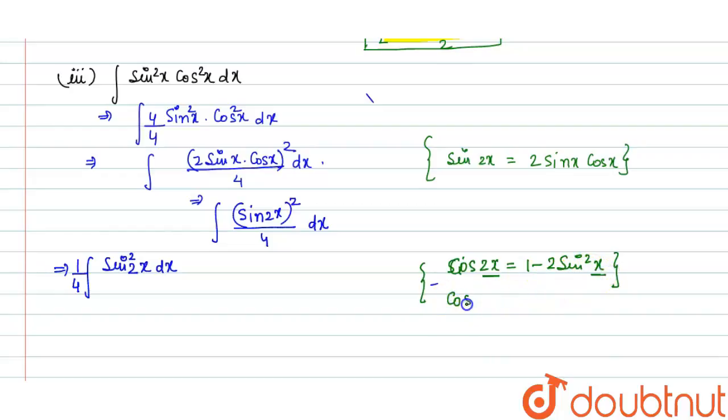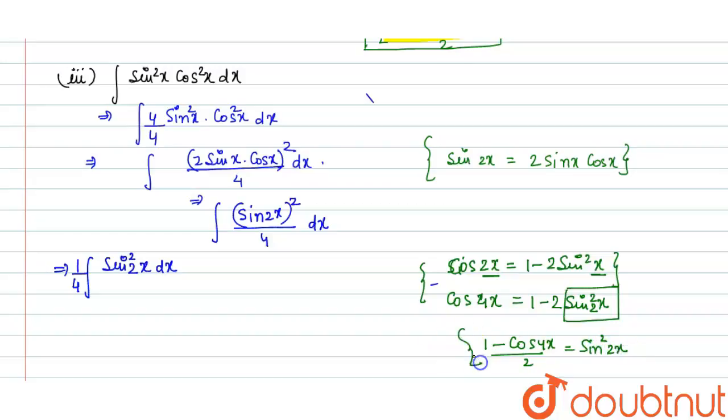So if we multiply it by 2, meaning cos 4x, it will become 1 minus 2 sin square 2x. So by this we can find the value of sin square 2x. So it will come 1 minus cos 4x upon 2. This is the value of sin square 2x.